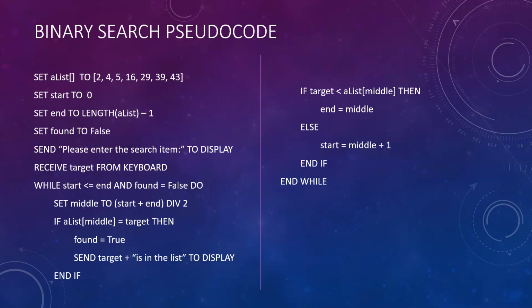And it will continue until it finds the result, otherwise it will search all the items. And finally, if it doesn't find any item in the list, suppose our target item is not in the list, then it will give us the message, the search item is not in the list.